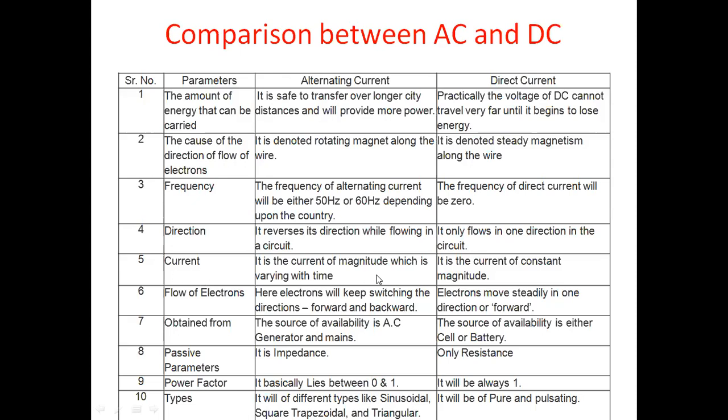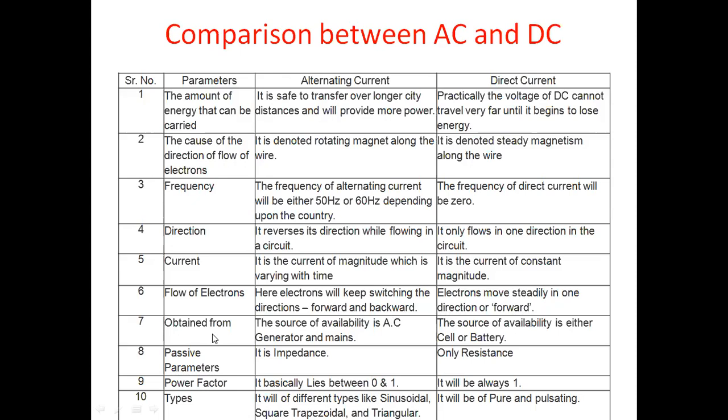In AC, the magnitude of current varies with respect to time, and in DC, the current is of constant magnitude. Next is flow of electrons. In the case of AC, electrons keep switching directions, and in the case of DC, electrons move steadily in one direction only.